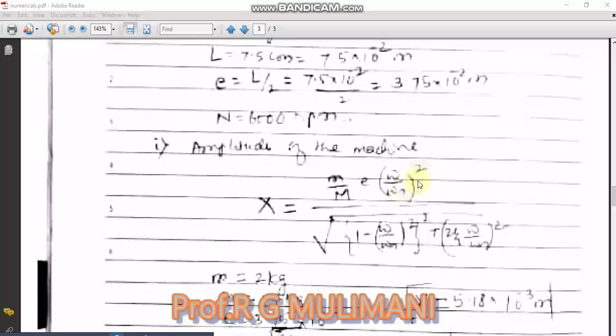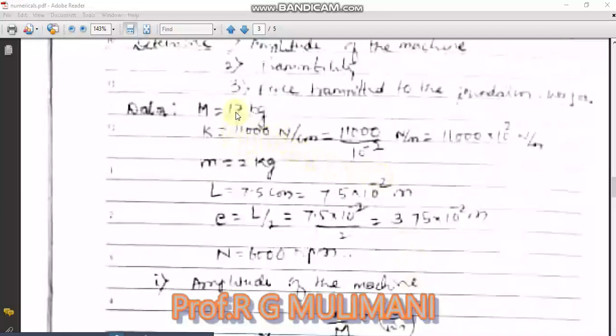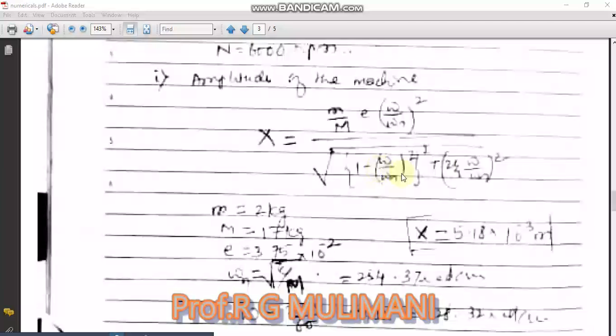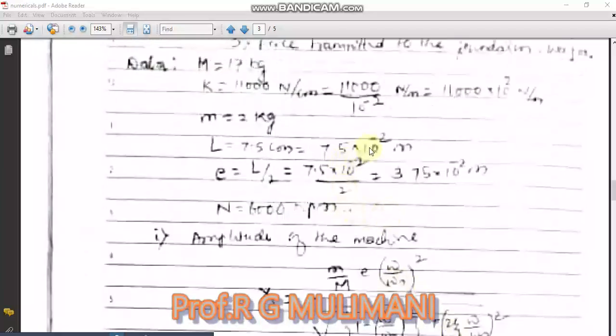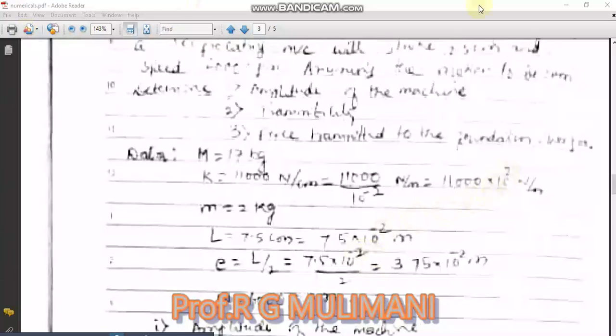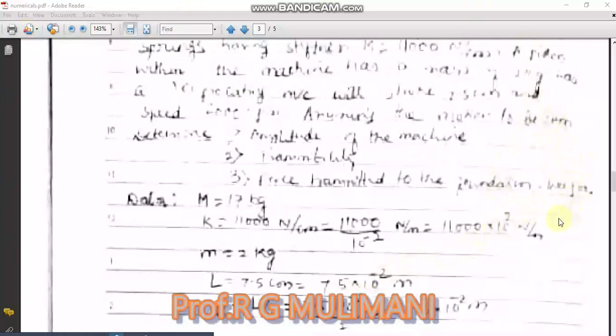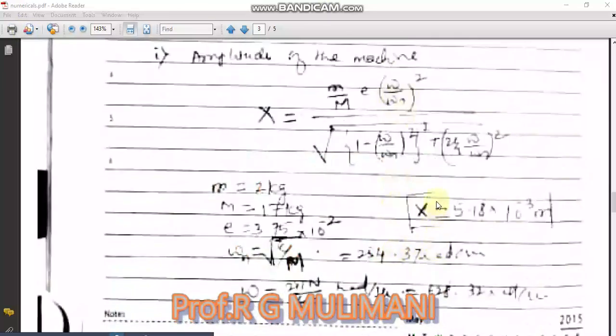Omega n is square root of k by M, the k value is given, and M is 17 kg. Zeta is a given value here, it is 0.2. Take zeta equal to 0.2. By substituting all the values, you will get the amplitude.